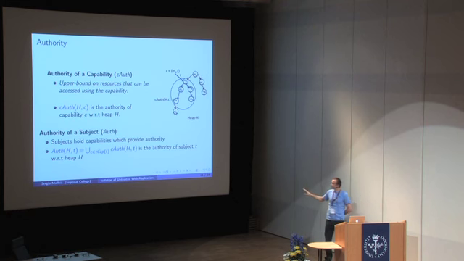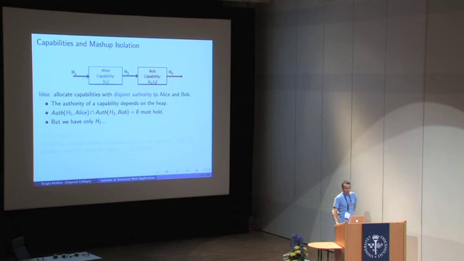So this concept of authority of a capability is easily extended to authority of a subject, because a subject is a piece of code. We look into the piece of code, and for all the capabilities that are in the piece of code, we collect their authority. So this is just a natural extension. Now, what's the idea?